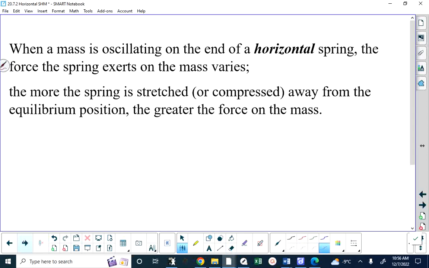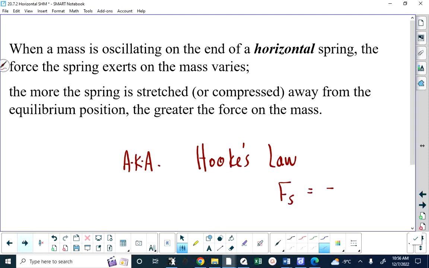This is AKA, also known as, Hooke's law. Hooke's law says the force that the spring exerts on the mass is F = -kx, and I'm going to be including vectors for some of this discussion today.